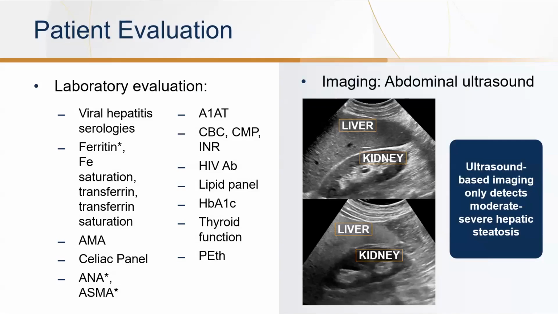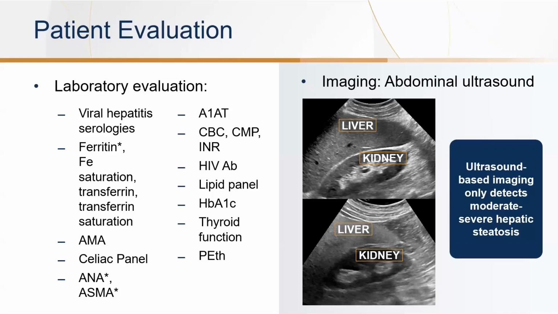So when you evaluate your patient, you want to rule out other causes of liver issues. So you want to do viral hepatitis serologies, A, B, and C. You want to check ferritin levels, iron saturation, transferrin saturation. These are indicators for hemochromatosis, but they could be elevated if your patient is not honest about their alcohol intake.